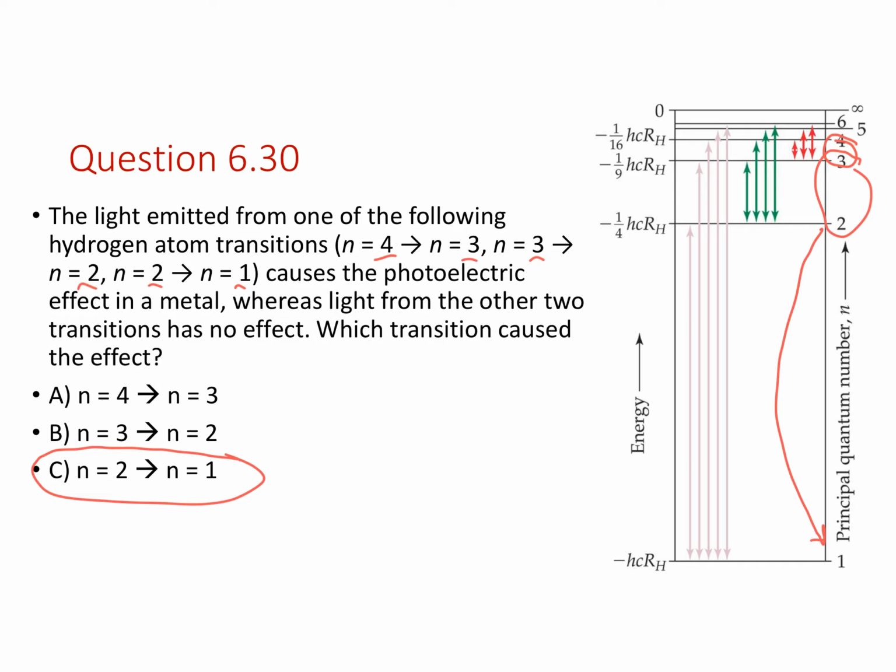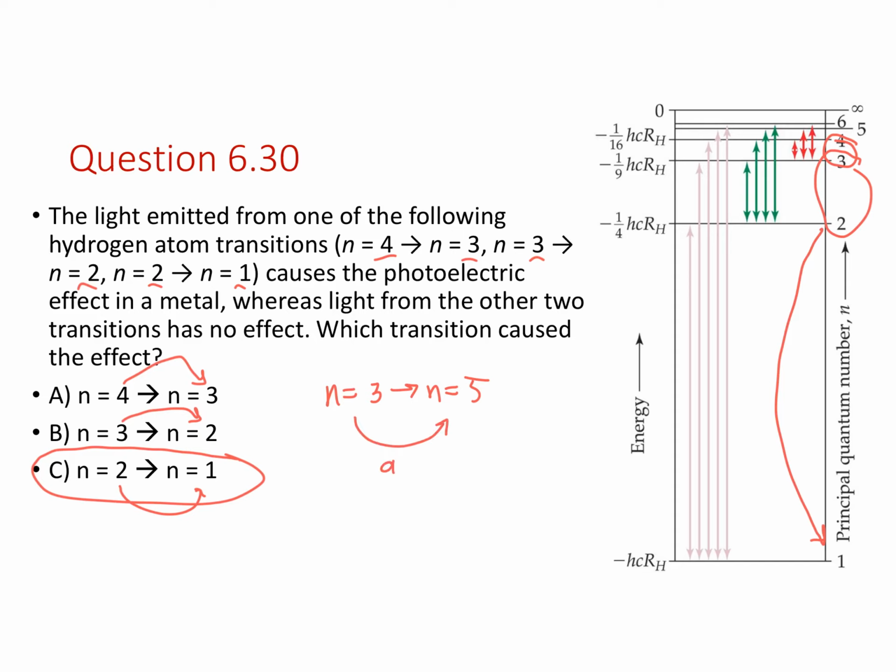Another issue I didn't talk about in this question that's also important to think about, all of these you're releasing energy. All of them I'm going to a lower energy. N equals 4 to 3, 3 to 2, 2 to 1, all of those I'm going down in energy. Had I had a question or had I had an example where one of the choices was n equals 3 going to n equals 5, right, I could immediately eliminate that choice because that's not releasing energy, that's going up in energy, right?